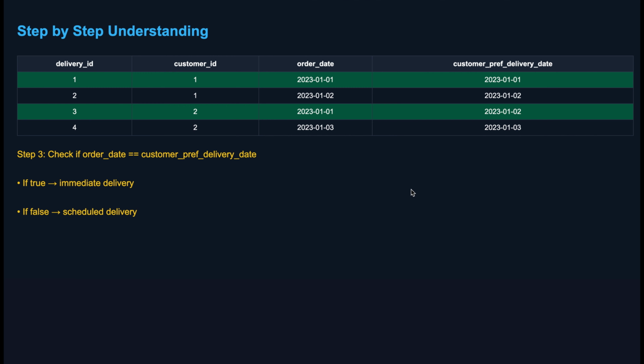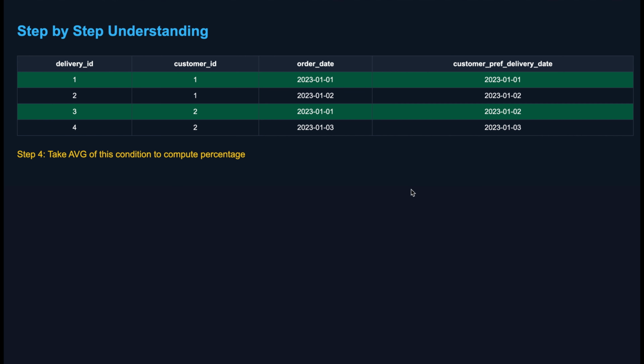Now comes the most important part of this problem, and that is to figure out the percentage, right? Most people write a case when and then do a count and division, right? But there is a much cleaner and more efficient way. In SQL, true is treated as 1 and false is treated as 0, right?